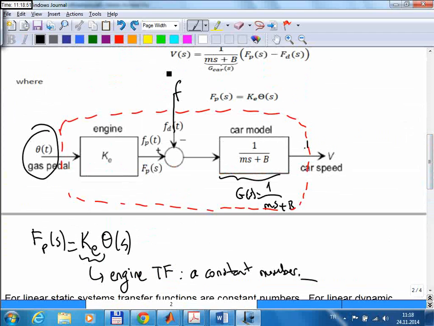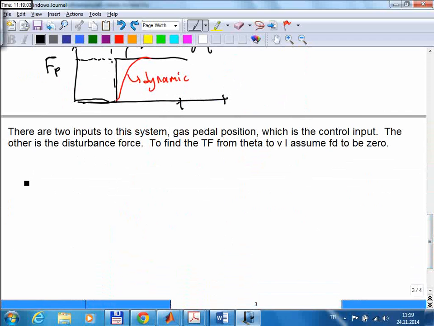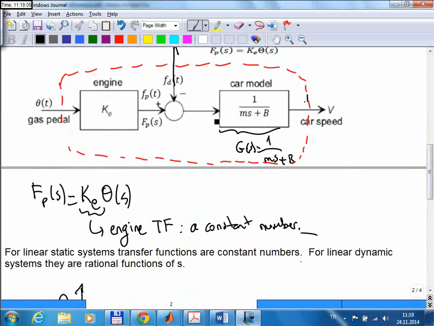And when I do that, this summation junction can be removed because there's nothing else coming into it. In that case, the output of the car is given by this times the input to it, but that I call G.